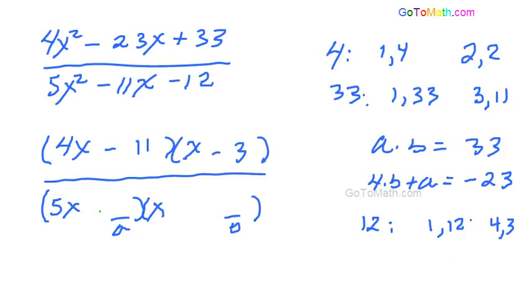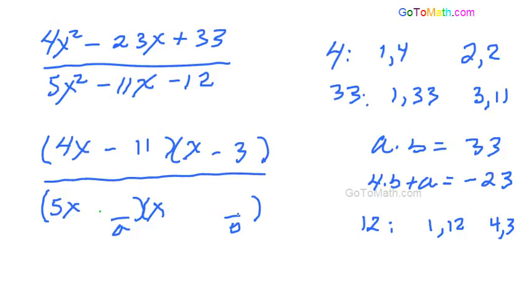Actually, let's just look at this here. 5 times 4 is 20. We've got to do a negative 11 here. 20 and 3, 23. No. Let's see.